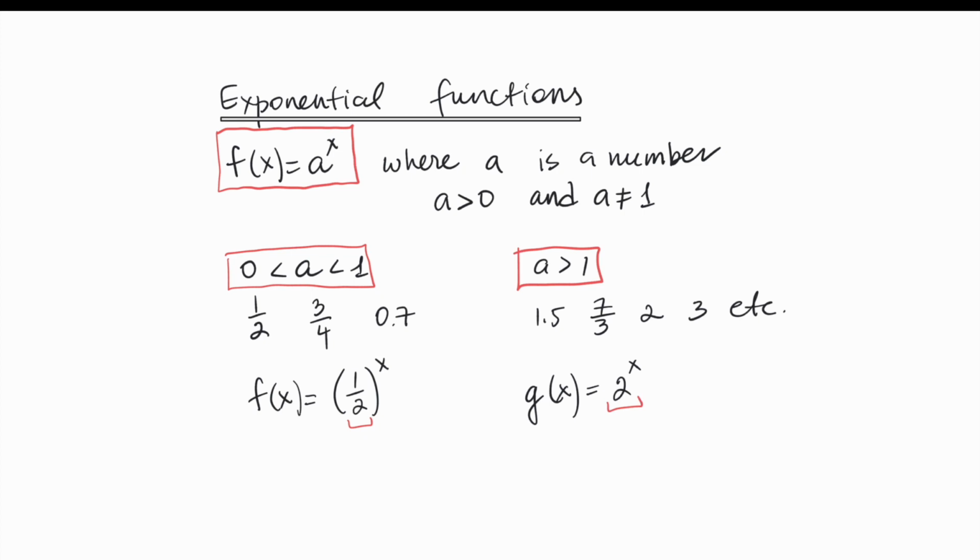In the case of the first kind, where a is between 0 and 1, the function will be decreasing. In the case of the second kind, where a is greater than 1, the function is increasing.